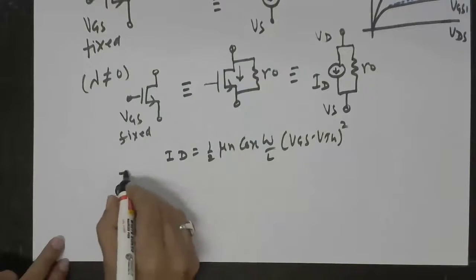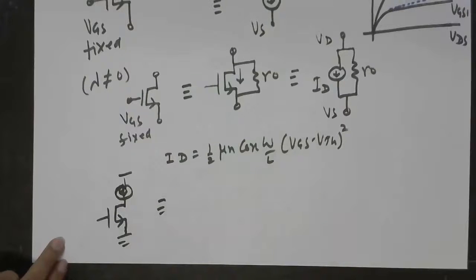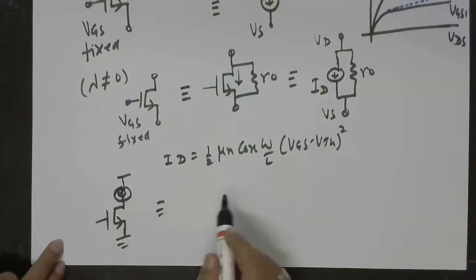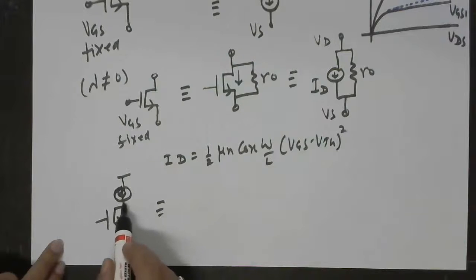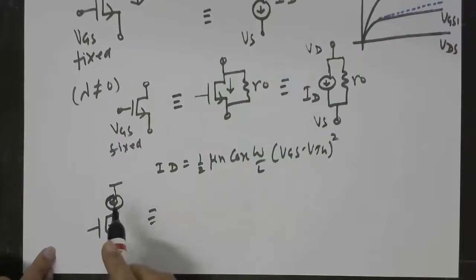can be implemented with the help of MOS. So now we want to implement this current source using MOS, but keep in mind here that the source, if we try to use NMOS for this current source implementation, then this source voltage is not going to be fixed. Source voltage will vary with the time varying voltage applied here.